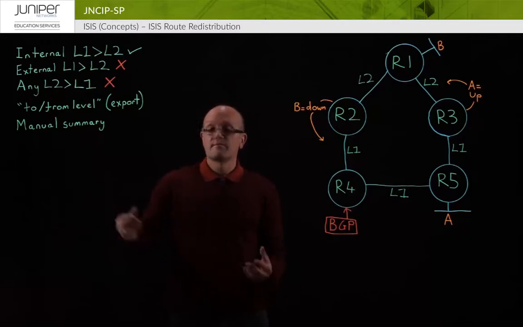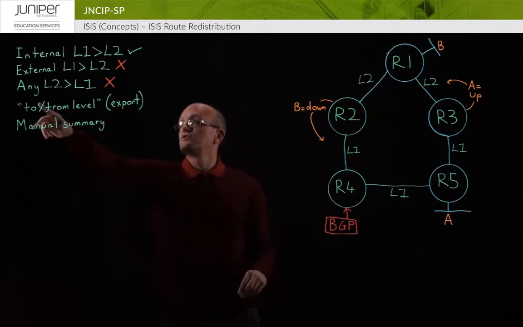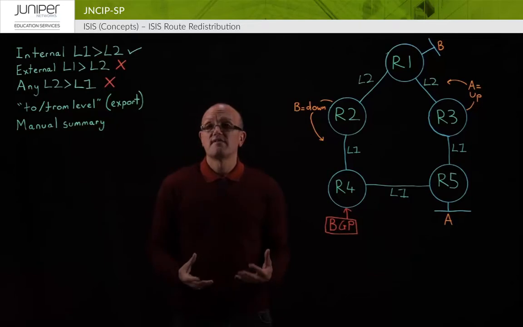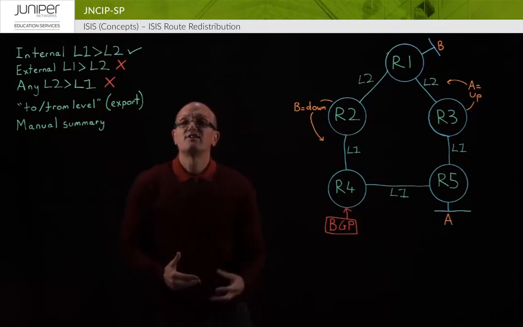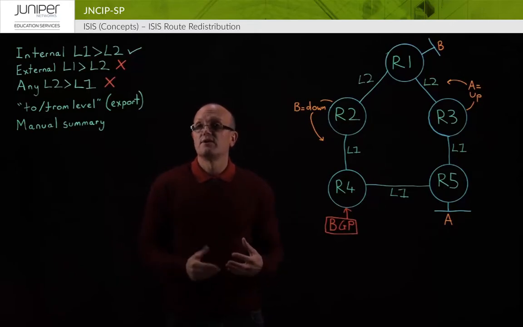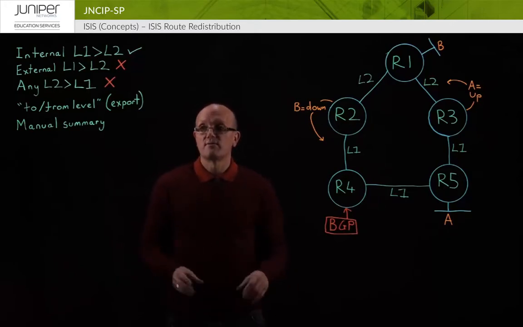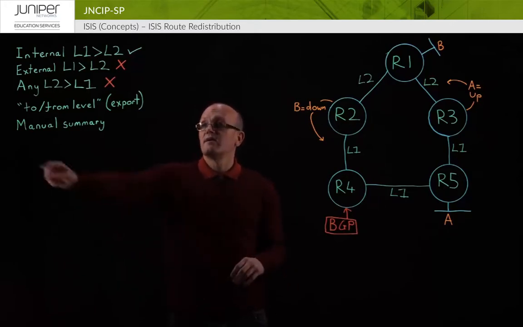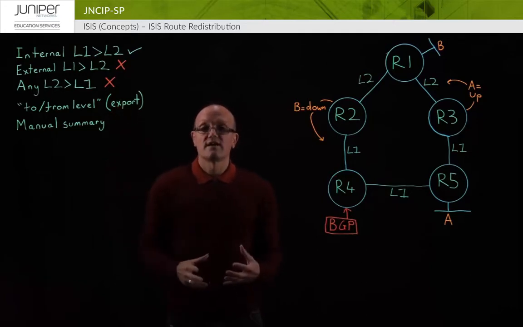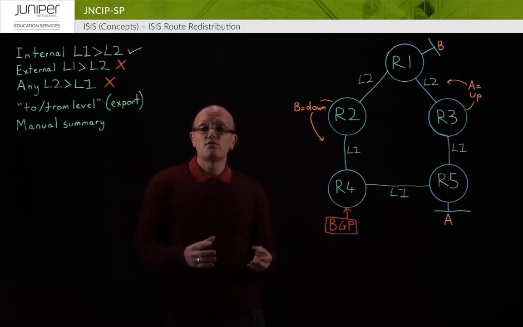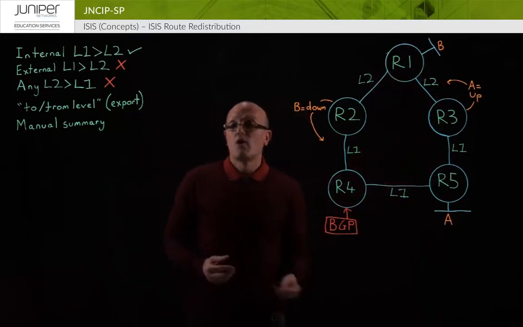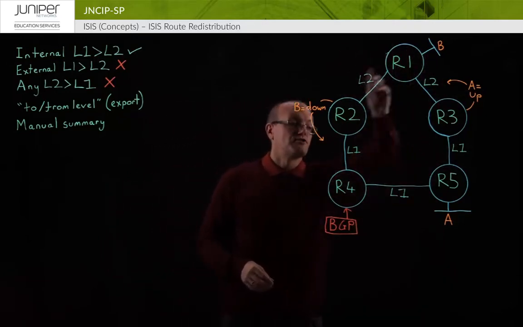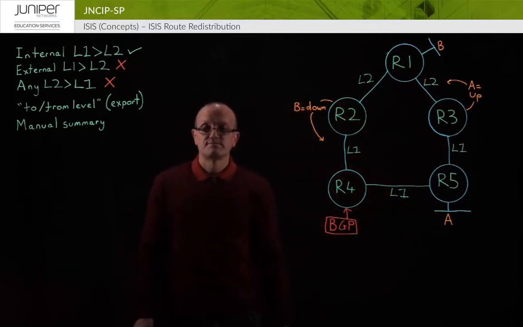So we could be saying we're going to be advertising routes to level 1, we could be advertising routes from level 2. This is additional match and set criteria that we're using within the routing policy framework that we're going to be applying to protocols ISIS export to control routes flowing from level 1 to level 2, or vice versa, from level 2 to level 1.